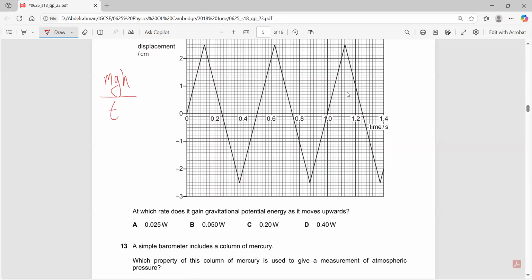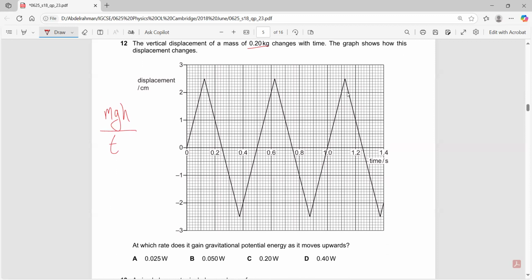So mgh over time. The mass is 0.2 kilograms, right? So 0.2 kilograms times the g, which is 9.8. You can use it as 10 since this is an old test. Times the height as it is moving upwards. So if we start from the bottom all the way to the top, it started at negative 2.5 and ended at 2.5.